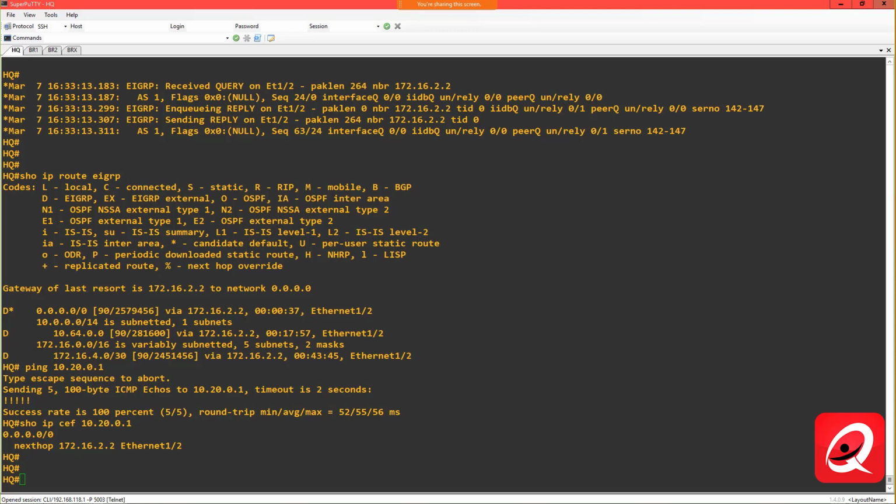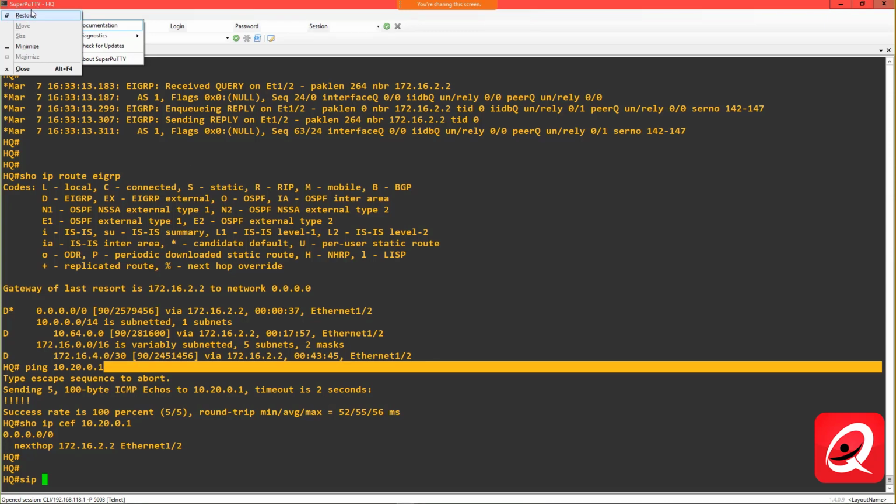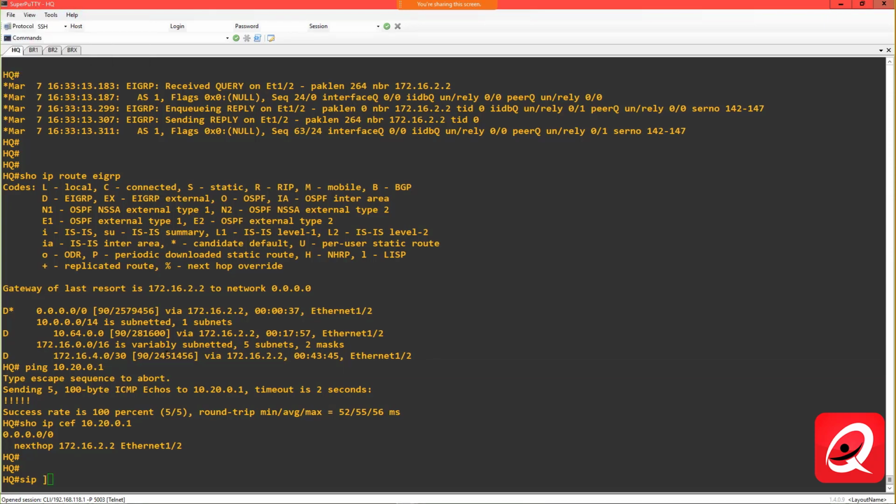And we'll talk about this a little bit more later on, but there's an issue with regard to whether or not a route goes stuck inactive. Let me show you real quick. Show IP EIGRP topology.